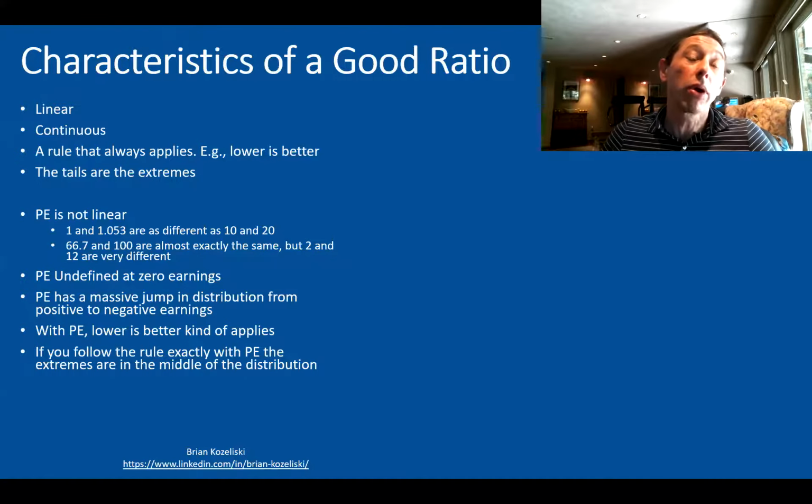So the lowest number is the best or the worst, and the highest number is also the best or the worst, depending on the ratio. If you follow this rule exactly, lower is always better. Then with the PE ratio, you're actually attracted or unattracted to the stocks right in the middle of the distribution, the stocks with the most uninteresting earnings characteristics, which is exactly the opposite of what you're really trying to do.